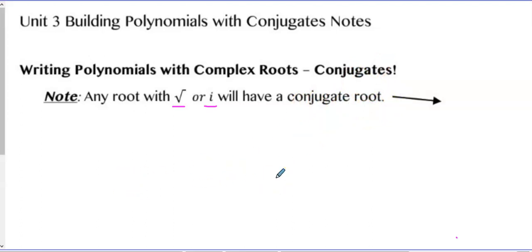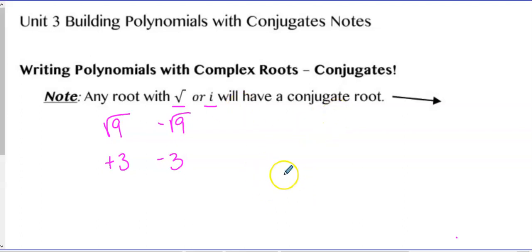So if I said there's this polynomial function that has a root at square root of 9, well, you'd also have to do the opposite of square root of 9, which would be plus 3 or minus 3. But if it's put in that term where it's a square root number, then you're going to have 2 of them.